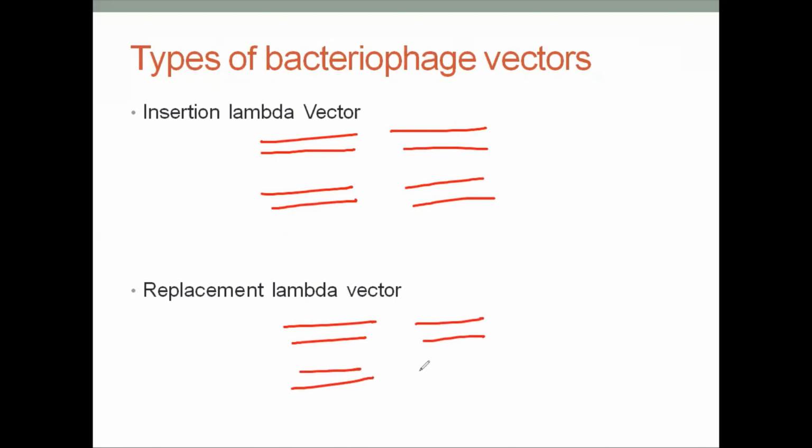The restriction sites I'm talking about are very important, so you can check out my previous videos, in which you have a detailed explanation about restriction enzymes. So these are the restriction sites of this particular vector. This is how I'm placing it.